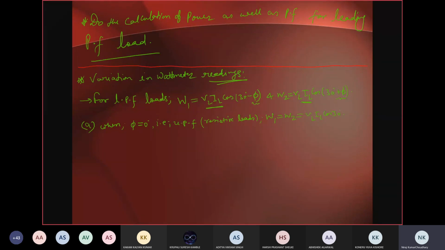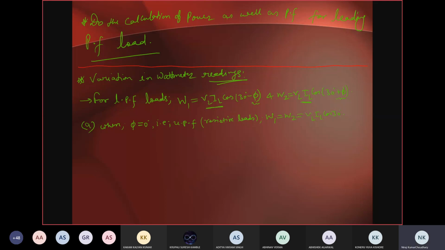It means that both wattmeters indicate equal positive reading. This type of reading is known as upscale reading.